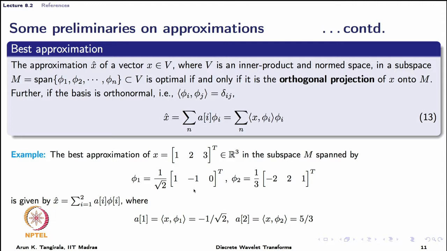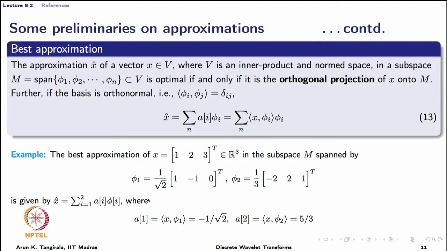They span only a 2 dimensional subspace of R3, so they are a basis, but for a subspace of R3. So, I want to obtain an approximation of x onto this 2 dimensional subspace spanned by phi 1 and phi 2. By the above result, the best approximation is this here, where the a i's are given by these coefficients here.